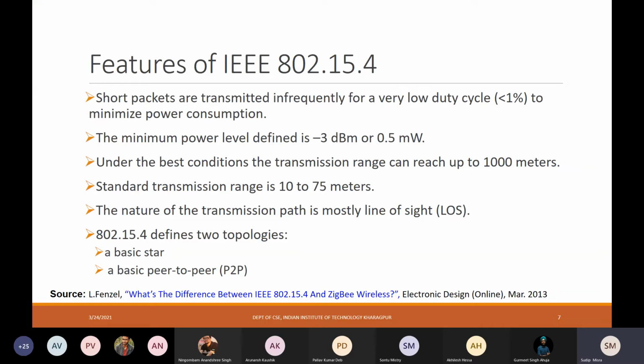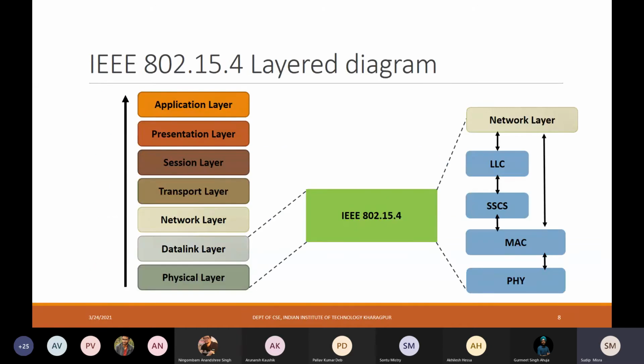the environmental conditions, right? The transmission path is mostly line of sight, and there are two topologies supported, the basic star topology and the basic peer-to-peer topology. So this is the layered architecture of 802.15.4 on the right-hand side, and how it maps to the existing 7 layers of OSI.